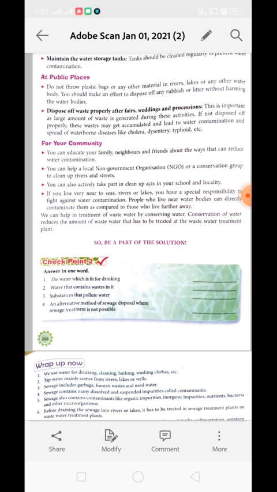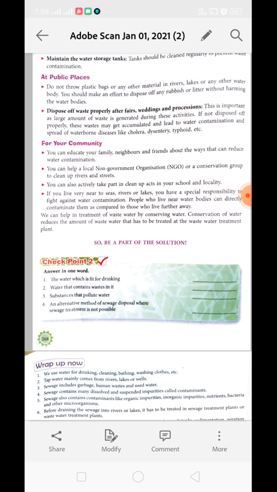Why? Because you are living nearby the area of these water bodies, from which many people get water to drink. So you have a special responsibility to fight against water contamination. People who live nearby the water body can directly contaminate them as compared to those who live farther away.